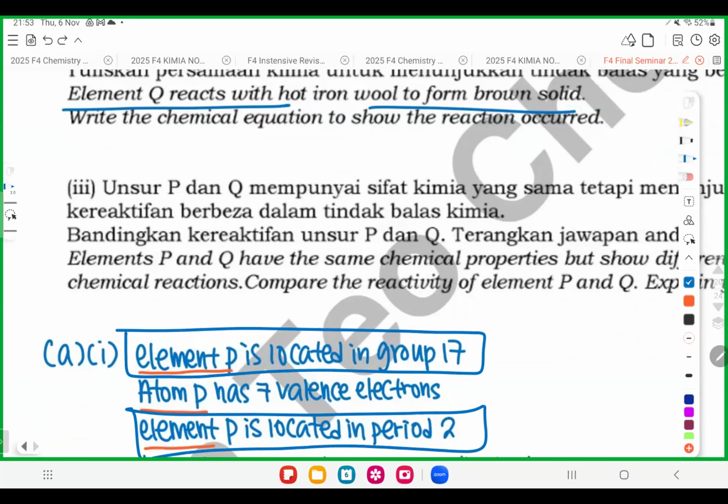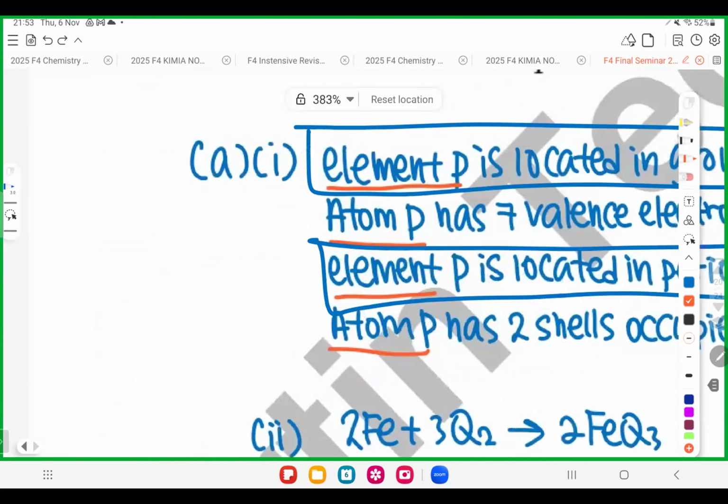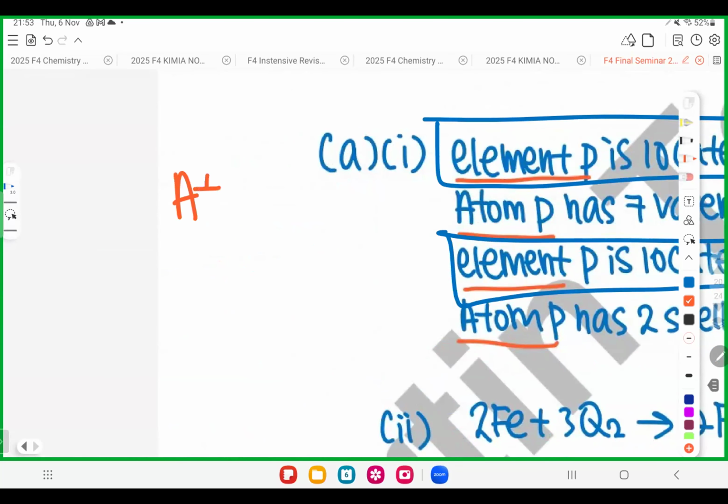But when I start doing explanation, when you want to explain, you have to write atom P or P atom already. Okay, by right, in BM, they write atom in front. In English, we write atom at the back, but they don't care. As long as you write atom is okay. They don't care whether you put the word atom in front or at the back. Understand?